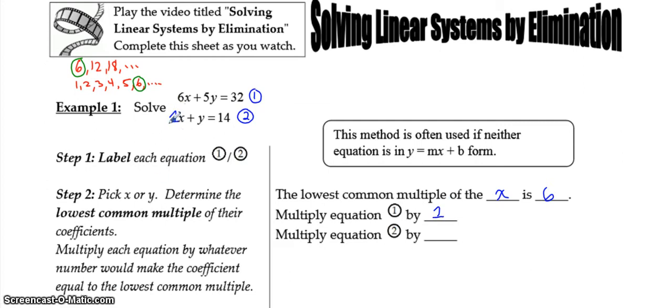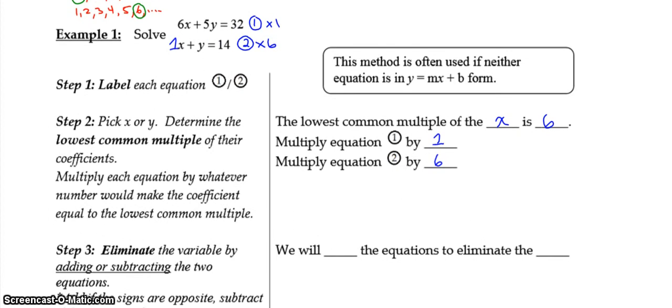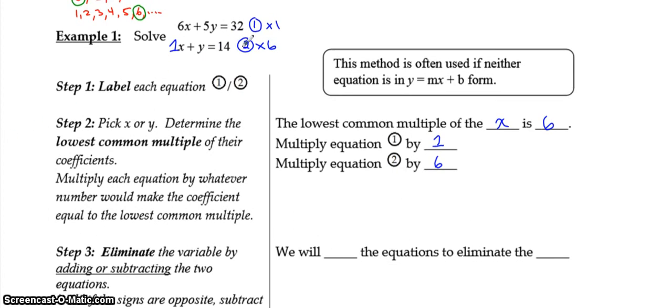Equation 2 has a coefficient of 1. What would you have to multiply this equation by to make this a 6? Well, you'd have to multiply it by 6. So we're going to take equation 1 and multiply it by 1, and we're going to take equation 2 and multiply it by 6. When you multiply an equation, you have to multiply all three parts of it.